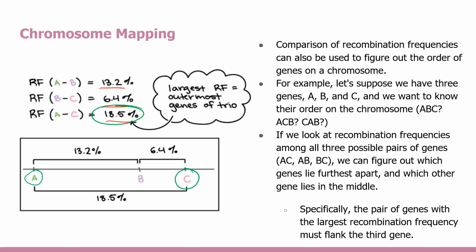Then we need to look at the second biggest percentage, and we see that it is A and B. We know that A must be as far away from B as possible. And finally, the smallest percent, and that makes sense. B and C are very close to each other. So again, B is located closer to C than A.